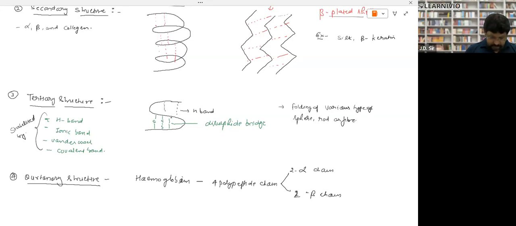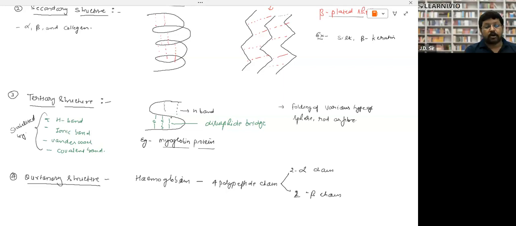Example, write down the example: myoglobin protein. They are found in our muscles. They are like hemoglobin. Right. Last but not the least, quaternary structure.